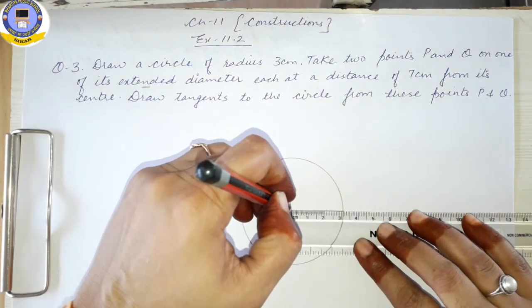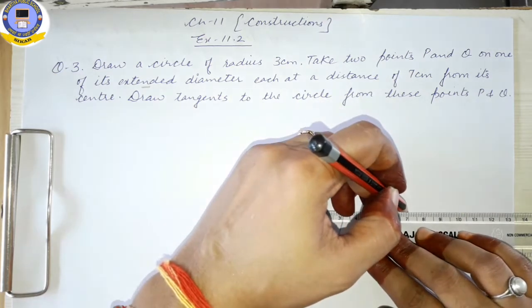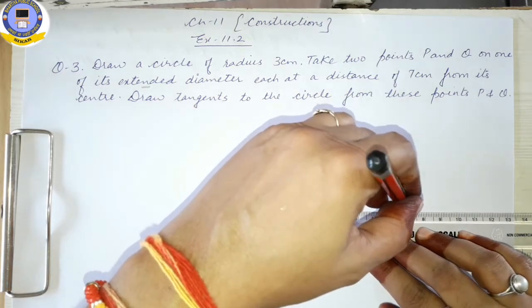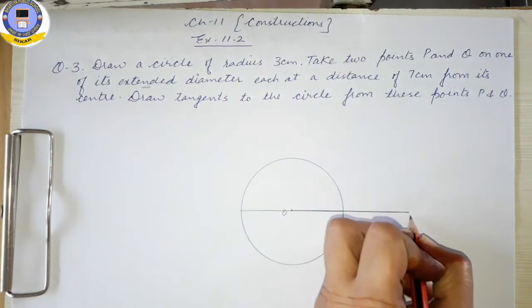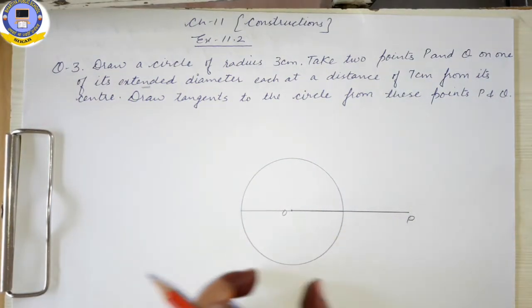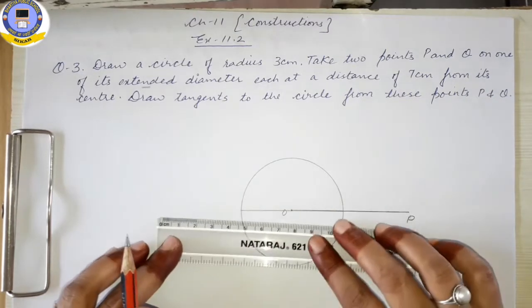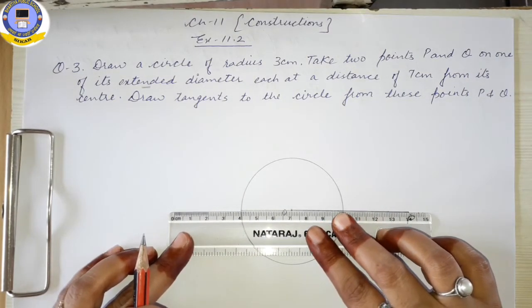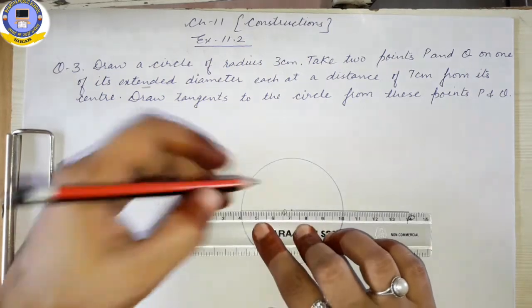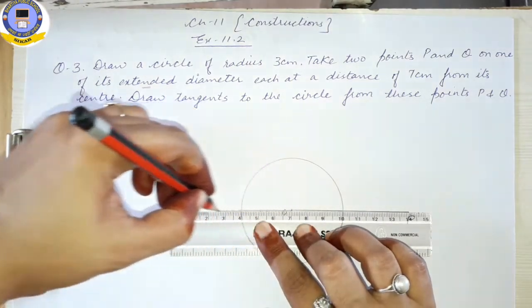So see, from center we have to take a point P which is at a distance of 7 centimeter from the center. So label this point as P, and same step you have to do this side. Here also we have to take a point Q which must be at a distance of 7 centimeter from center.